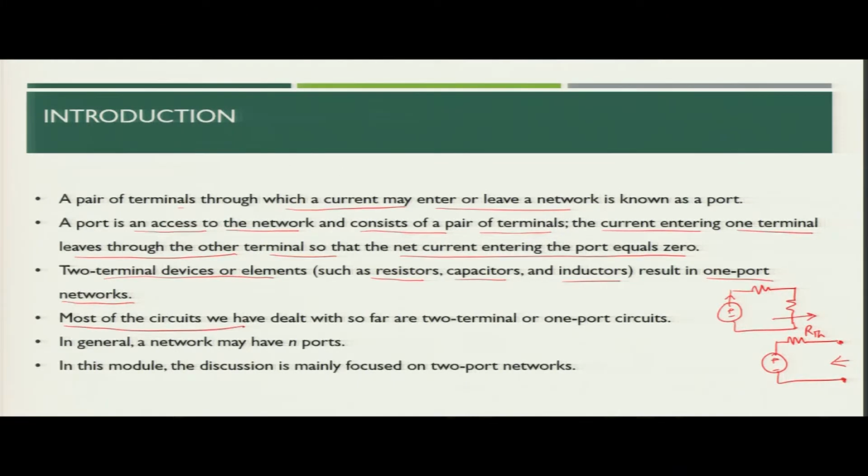So, most of the circuits which we have discussed till now were two terminal or single port networks, where we were representing them as a Thevenin equivalent and trying to find out the various parameters of the circuit. But in general, the network can have n number of ports. So, in this particular module, we will discuss mainly the two port networks.